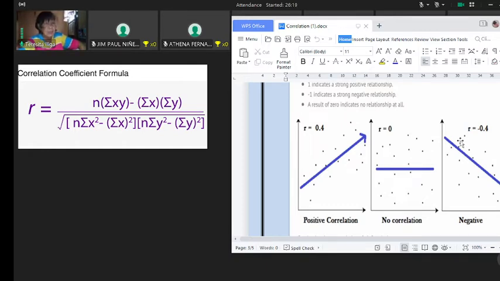Now, since the value is between -1 and 1, you try to describe the correlation with respect to the value. So that means it is 0.1 to +1: 0.1, 0.2, 0.3, 0.4, 0.5, 0.6, 0.7, 0.8, 0.9, 1. That is for the positive side.